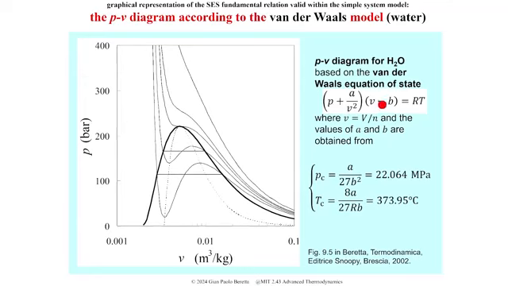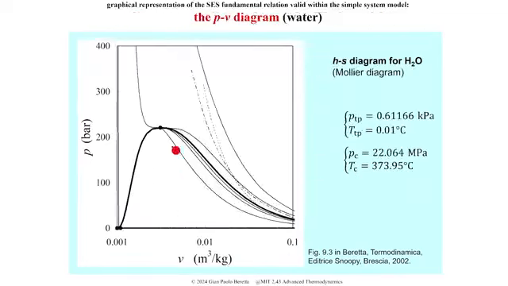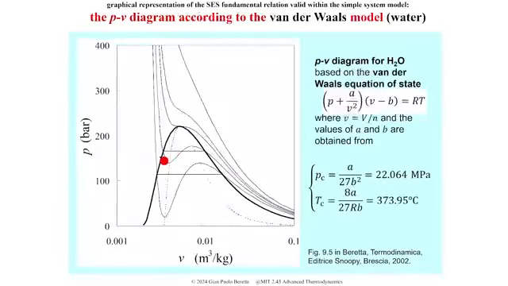So if you use this expression here, it gives you a curve which is similar to the actual curve for the actual substance. Of course, you cannot match everything. So one way is to choose. It does entail a critical point.